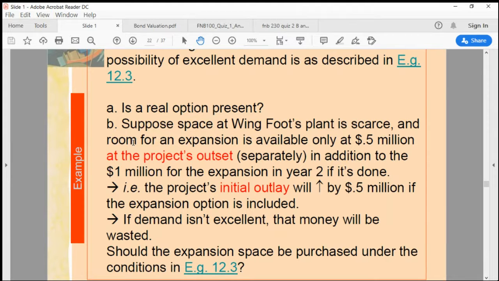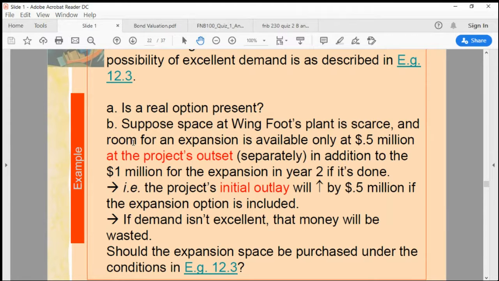But think about it. If you start adding the space to the plant in year two, it's going to be too late. Construction of new plant space will take at least 6 months to a year or even more.